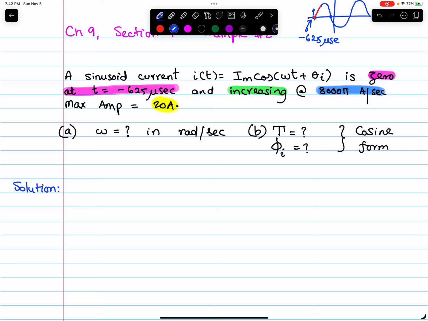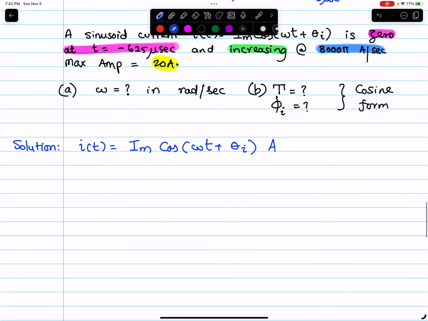Where do we begin? Let us start by simply writing i(t) equals Im cosine(omega t plus theta i). Sometimes I use theta i, sometimes I use phi i. That's the canonical form, in amperes.